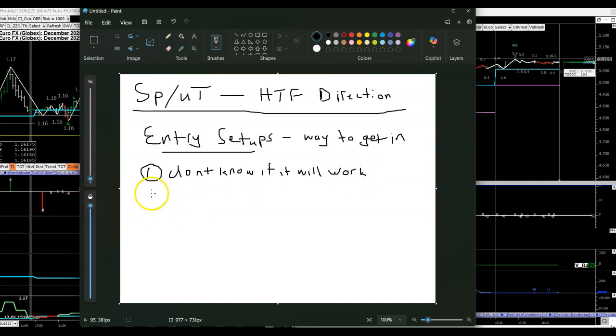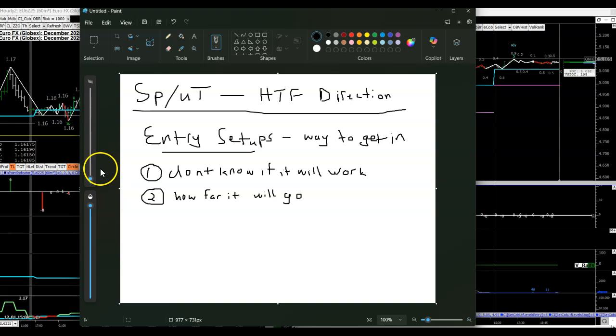You also don't know how far it will go. These are the two unknowns. In any setup, you don't know if it's going to work and you don't know how far it will go. Right? Setups are just a way to enter the market.